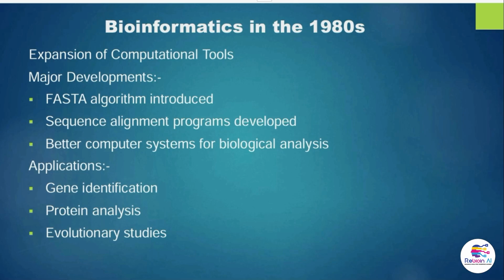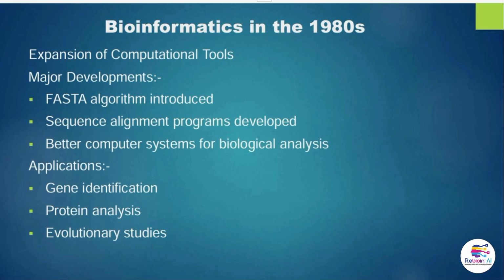Later, many sequence alignment programs were developed. These tools help scientists to identify genes, compare proteins, study evolution, and predict biological functions. At the same time, computer systems themselves became more powerful. The improved computing technology allowed researchers to process larger biological datasets.